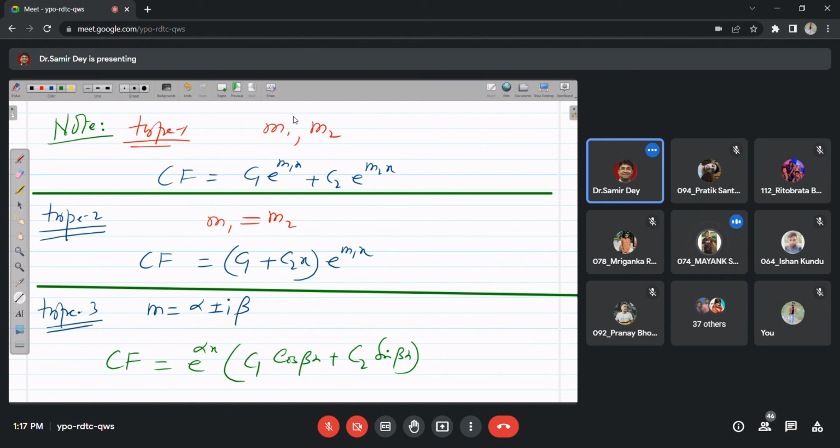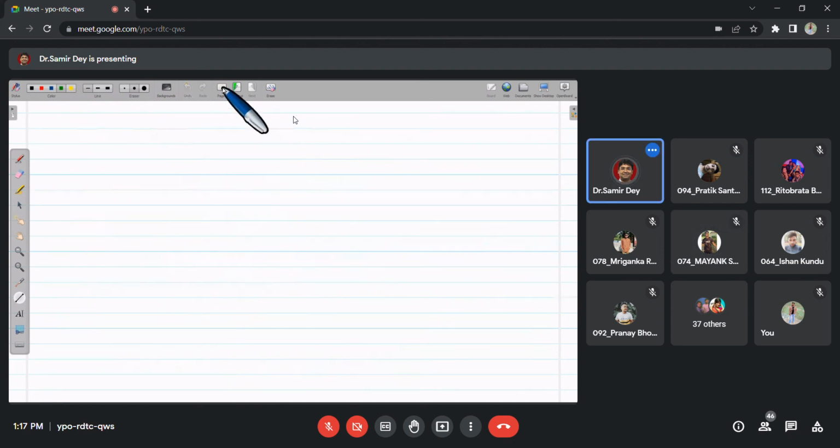Sir, please repeat type 1. If your M values are different, now I'm giving some questions, it will be better for you. Suppose your M becomes 2 and 3. So your CF will be C1 e to the power 2x plus C2 e to the power 3x. Clear? Suppose your M becomes 2, 2.